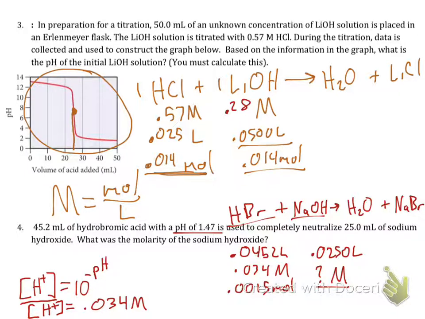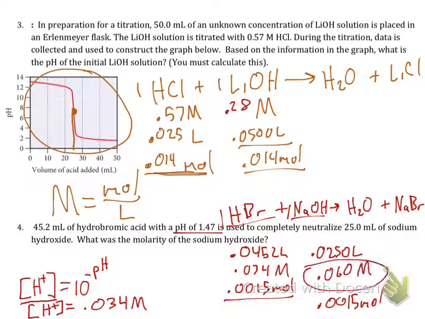Now this happens to be a 1-to-1 ratio again, which means that however many moles of HBr there are, it will be the same number of moles of the NaOH. And then again, we can use moles over liters gives us molarity to solve for molarity. And our answer is 0.060 molar solution.